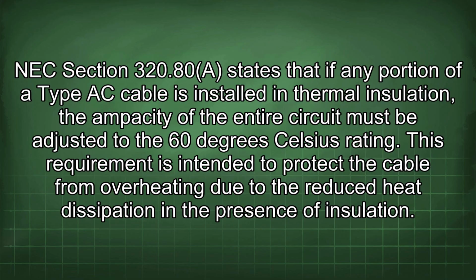NEC section 320.80 states that if any portion of a type AC cable is installed in thermal insulation, the ampacity of the entire circuit must be adjusted to the 60 degrees Celsius rating. This requirement is intended to protect the cable from overheating due to the reduced heat dissipation in the presence of insulation.